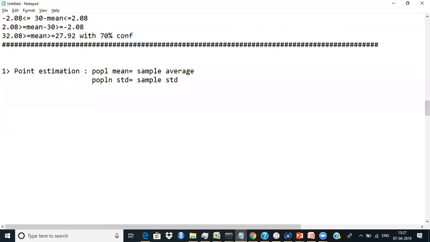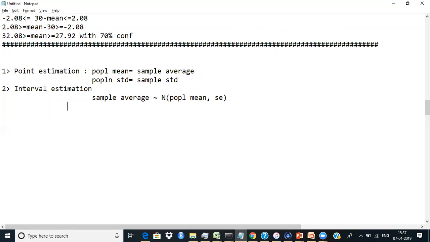Okay. Now, interval estimation. Interval estimation comes from central limit theorem. Central limit theorem states that average from a sample follows a normal distribution with a mean equal to population mean and a standard deviation equal to standard error.